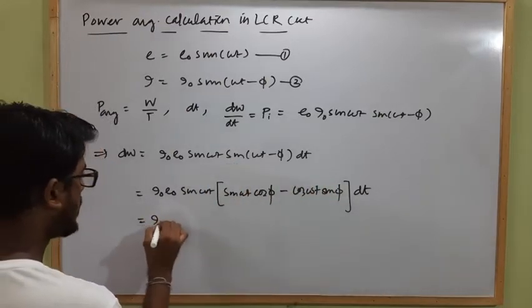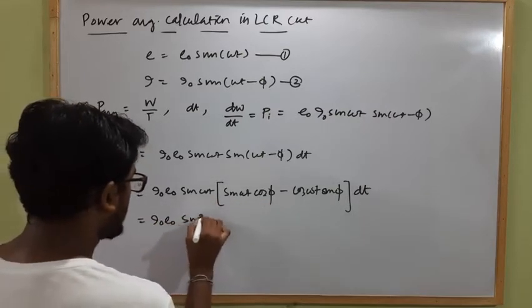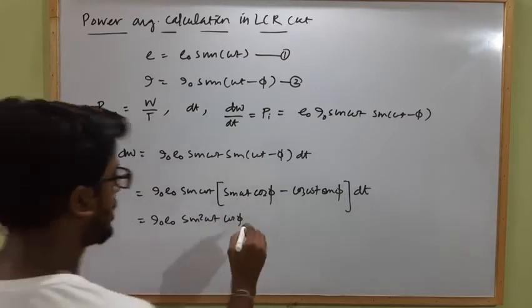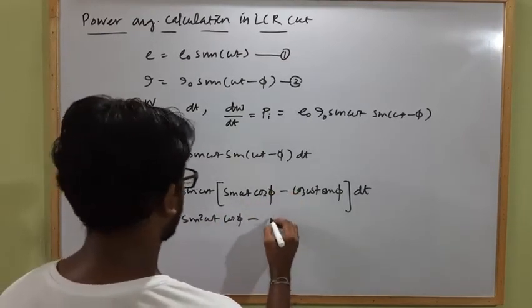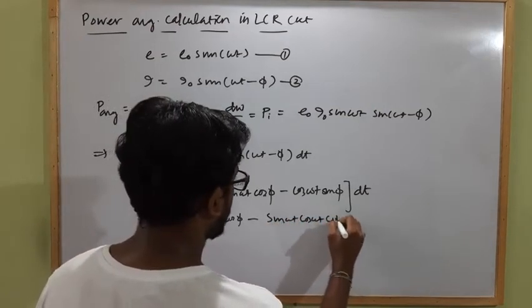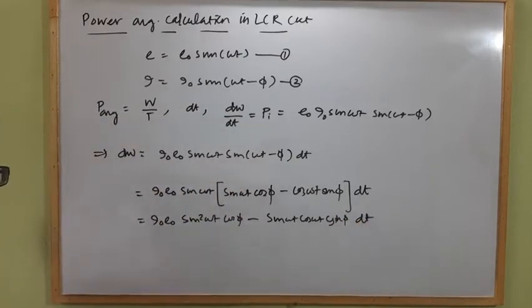So this can also be written as I naught E naught, taking this out, sin square omega t cos phi minus sin omega t cos omega t sin phi dt. Clear?